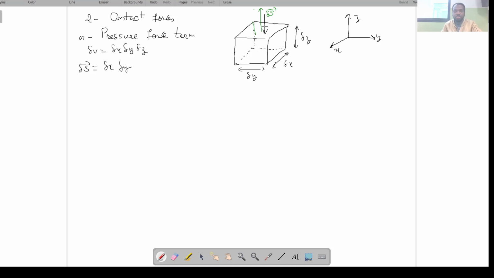This is the pressure force, and for the bottom face, the pressure force points upward into the fluid element.